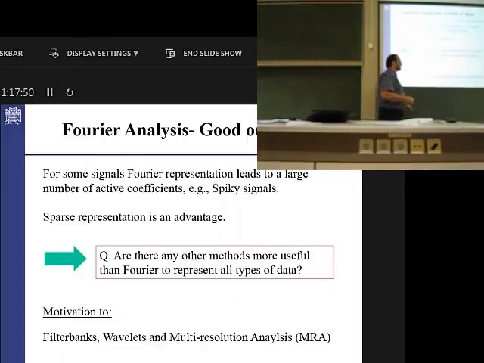filter banks, wavelets, and multi-resolution analysis. We talked about the filter bank, but people look at the filter bank as a kind of structure, as a kind of system, and mostly it triggers the idea of subband coding. But from a different angle of view, you can say that the filters in the filter bank structure are also a kind of basis.